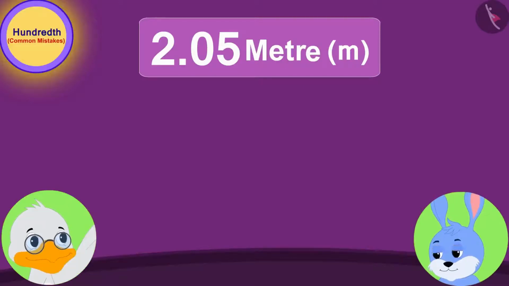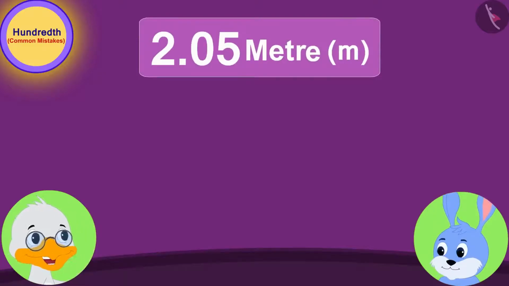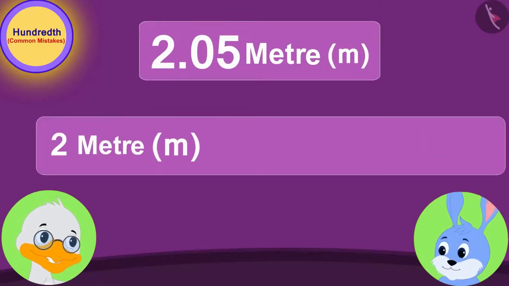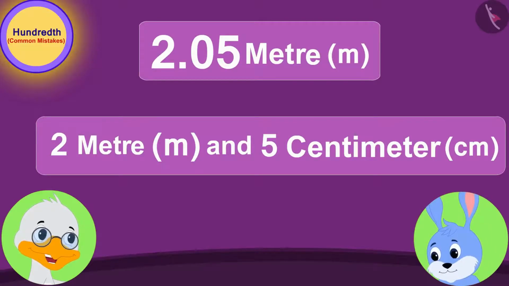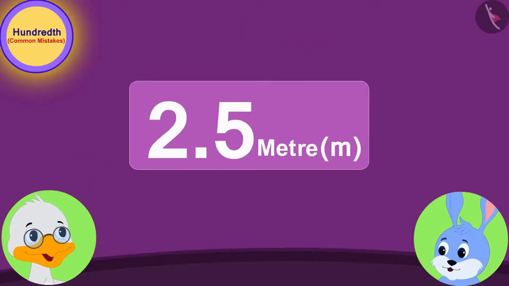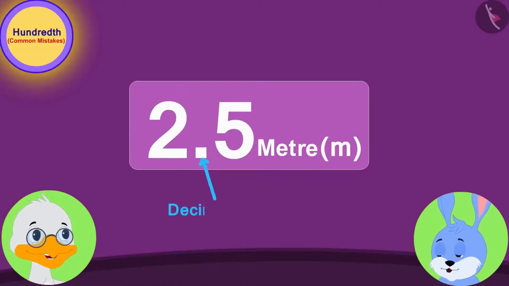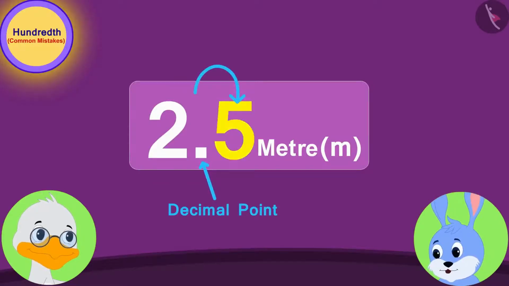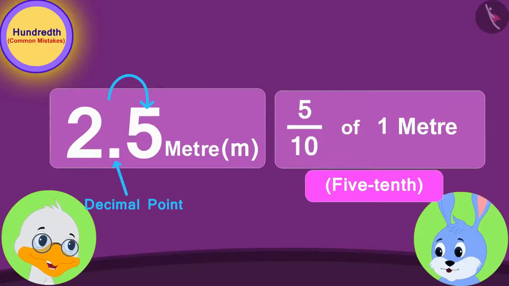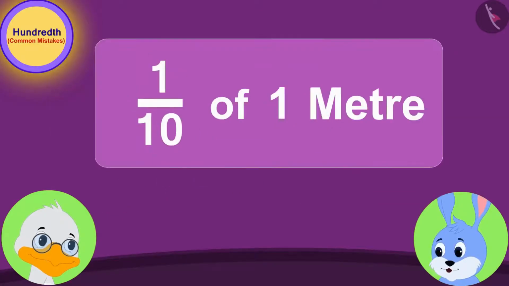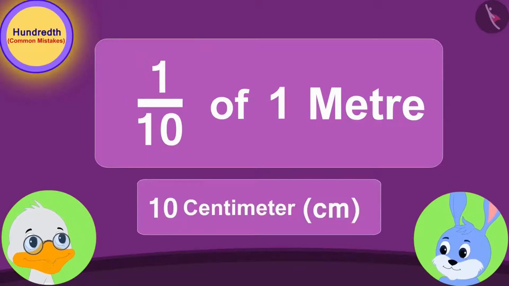Exactly. In this way, 2.05 is equal to 2 meters and 5 centimeters. Now, in the same way, in 2.5 meters, the number after the decimal is 5 or the 5/10th part of a meter. 1/10th part of a meter is equal to 10 centimeters.